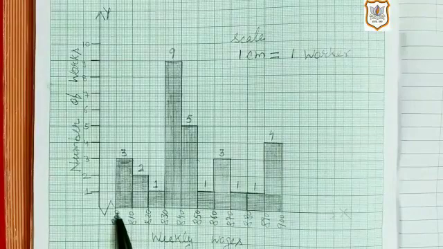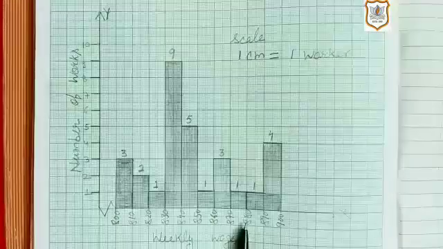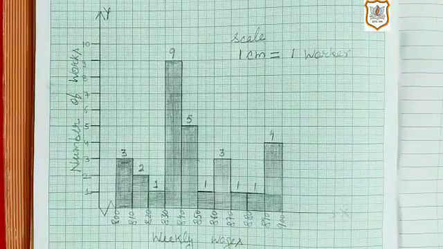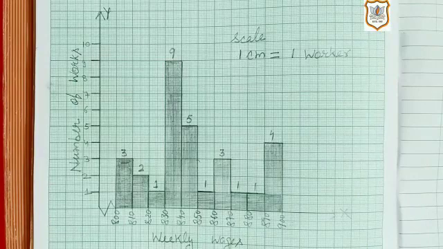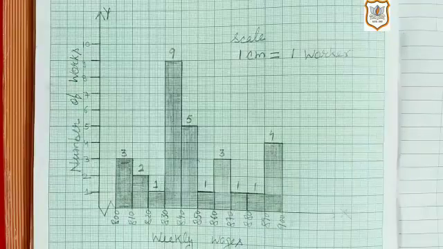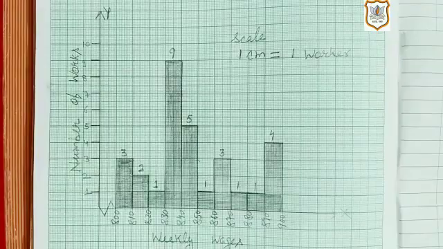Students, you can see there is no gap between the bars because this is a histogram. Clear? There is no gap between the bars as there is no gap between the class intervals in a histogram.